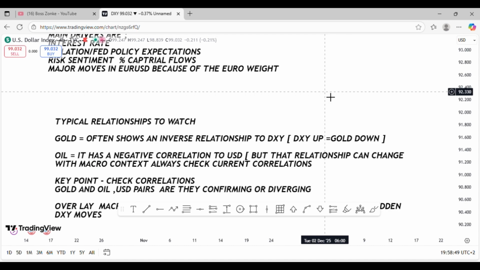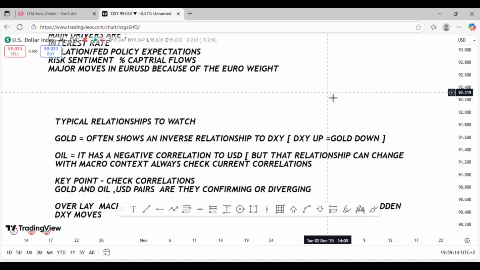But sometimes DXY can buy and gold can also buy. You understand? In that case, I suggest you just stay away from the market till there is a negative correlation. Also oil. Oil has a negative correlation to the US dollar, but that relationship can change with macro context.